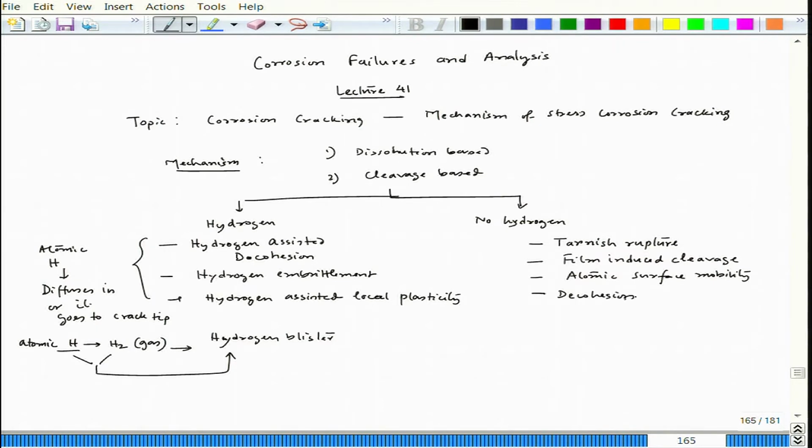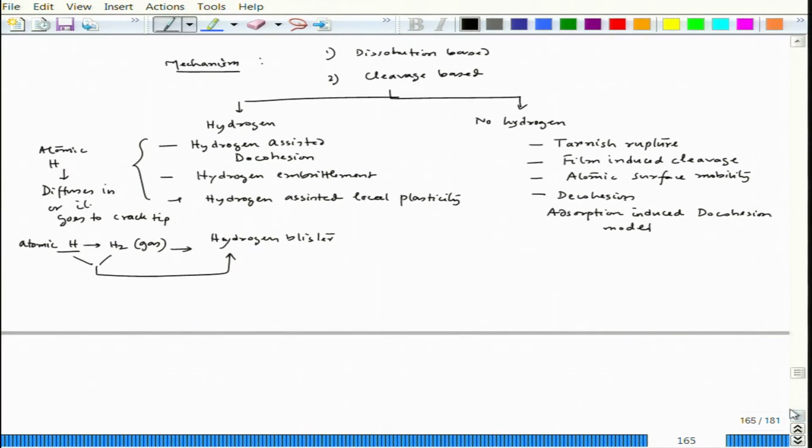This has a name, called adsorption induced decohesion. So, in a broad sense these are some of the models which address cleavage based SCC.